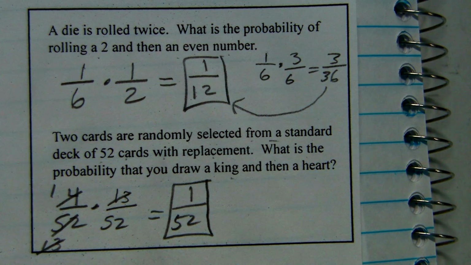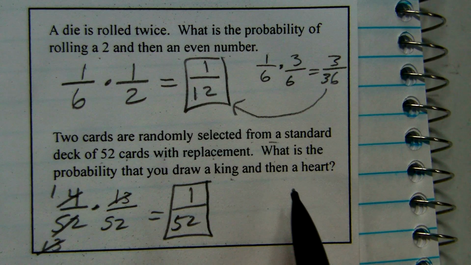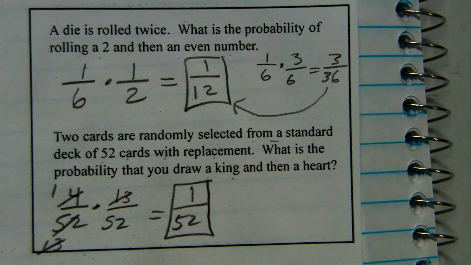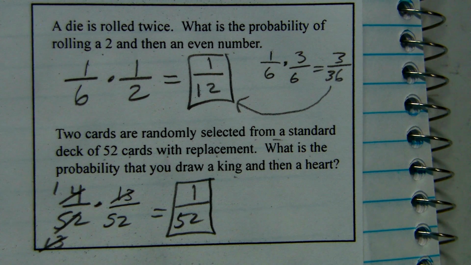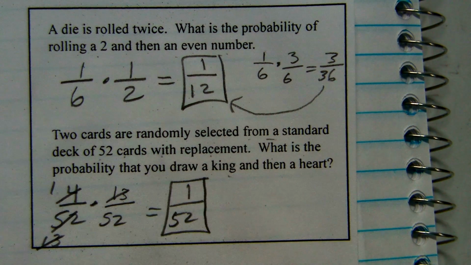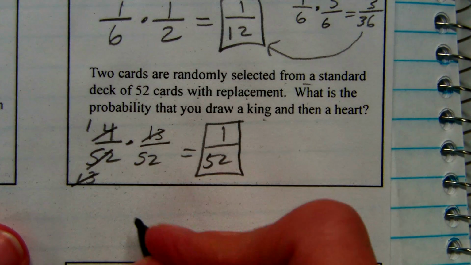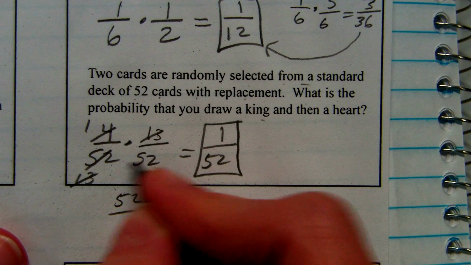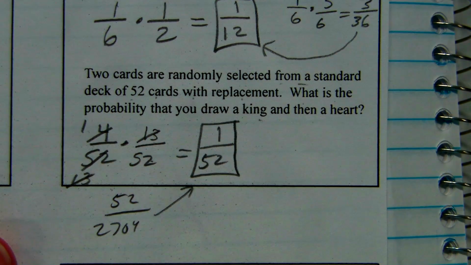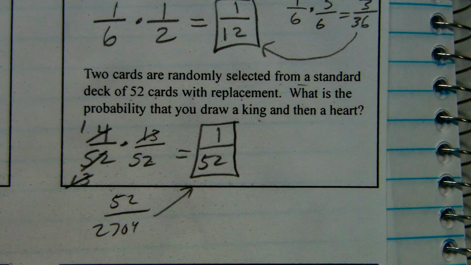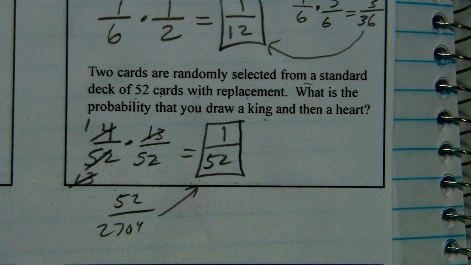You could also take 4 times 13. You'd get 52 over 2,704, but then you have to reduce that. If you multiplied the 52s together, you would have gotten this, and then it reduces back to 1 over 52 in the end. So I just reduced it before I multiplied, which makes it a little easier.